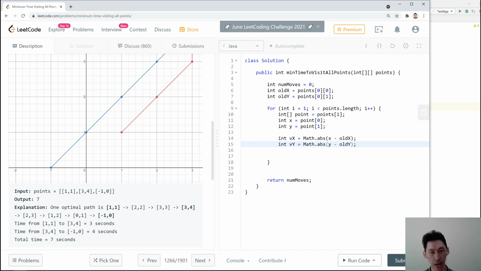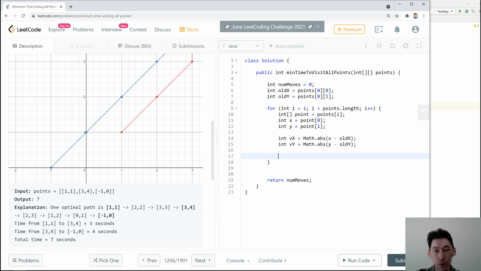All I need is the absolute value, and then the smallest one of the two gives us the number of diagonal movements that we can make. The remainder is just what we add on top of it to get the number of moves for that single move between this point and that point.